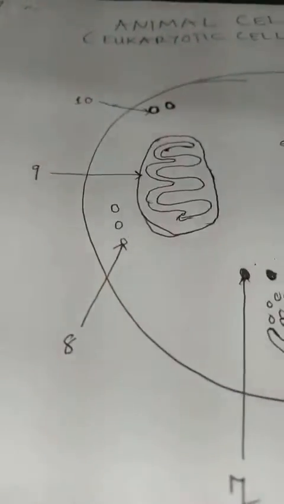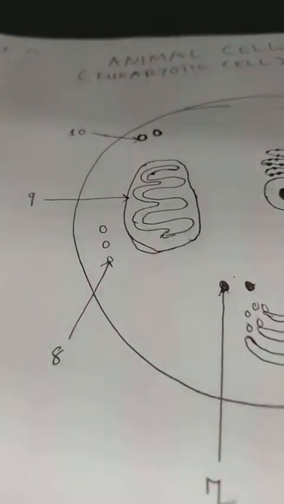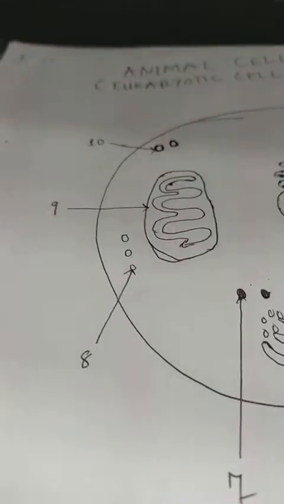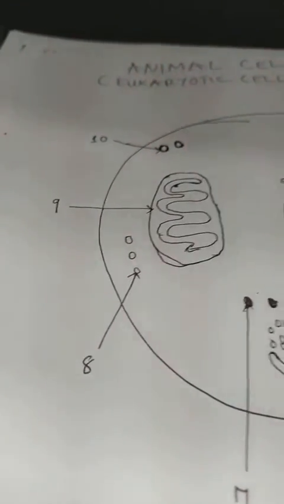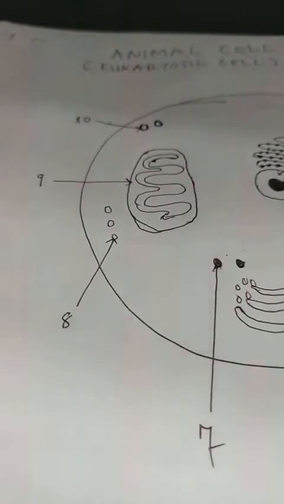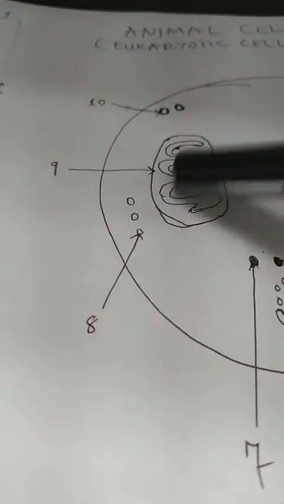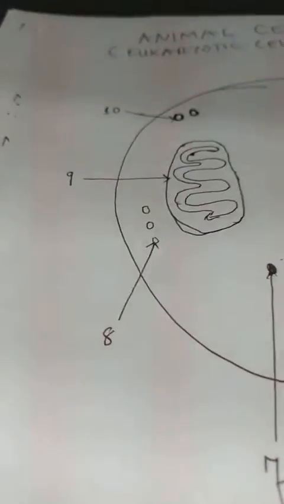Inside our mitochondria we generate our energy in the form of ATP, which is the proper form that our body can use to power different types of metabolic activities. So our energy production is done inside this structure labeled by number 9, known as mitochondria.